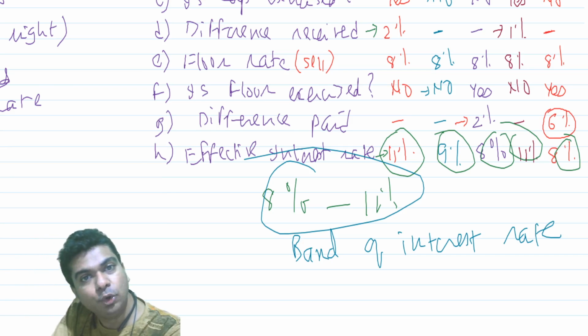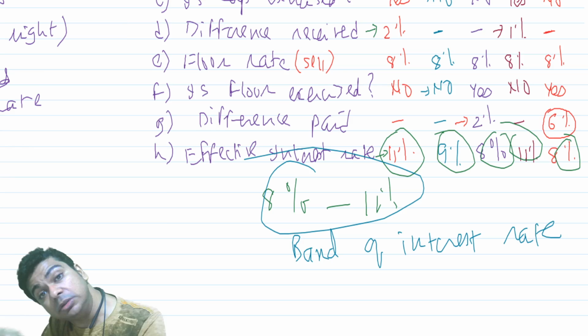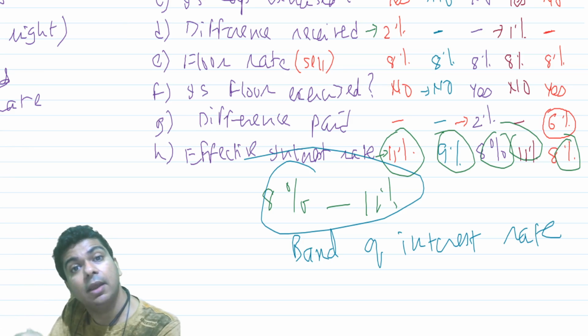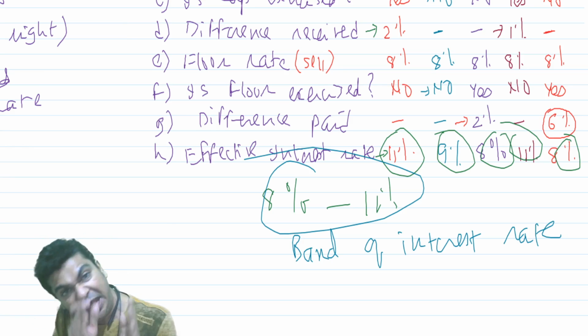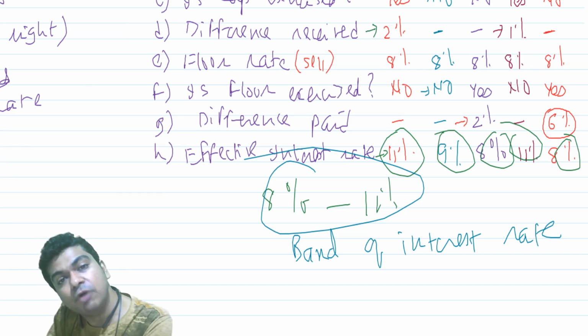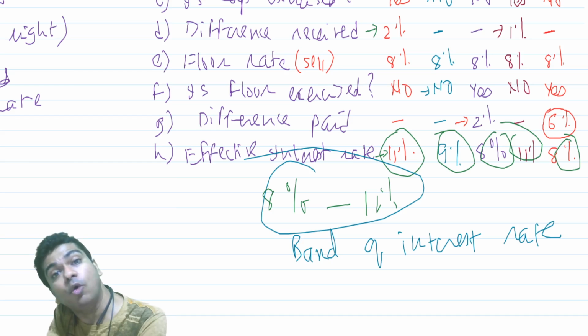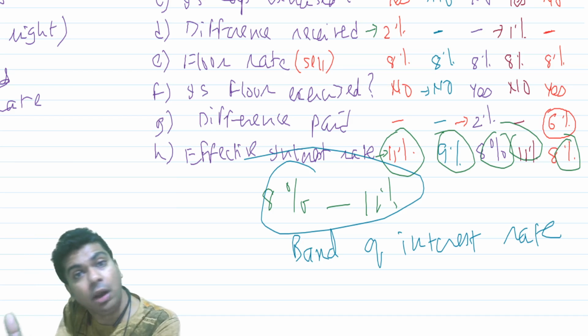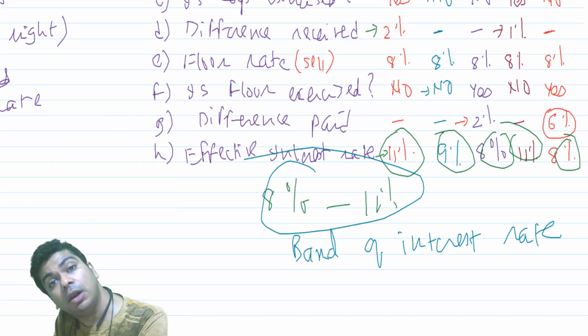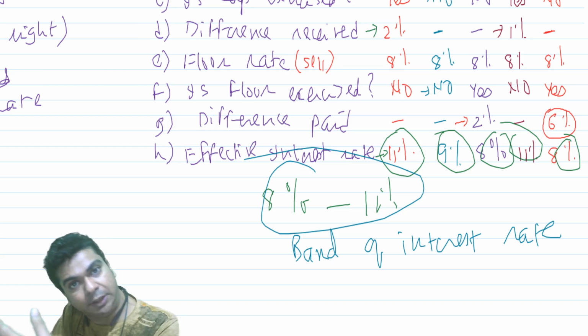I will have a right to borrow at 11%. So a cap also is protecting me from rising interest rates. If a cap itself is protecting me, then why should I go for a collar? Because ultimately the objective of a collar is also the same. I prefer a collar when interest rates are expected to rise.